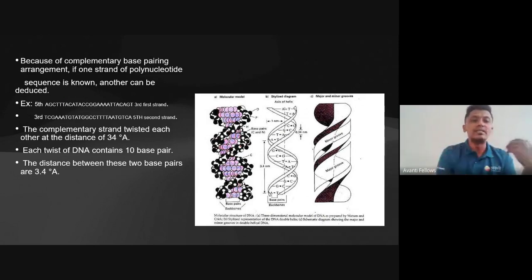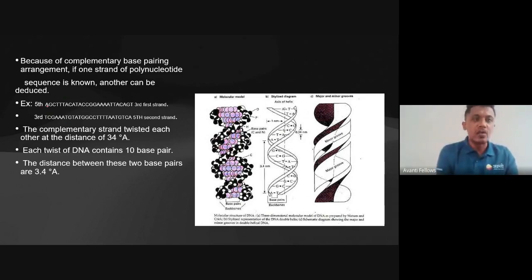So let us understand our complementation by this. If I have the 5' end and the 3' end of one strand, and we have the following bases: A, G, C, T, T, T, and then A, G, A. If I ask you to write the opposite strand, it will be very easy for you.